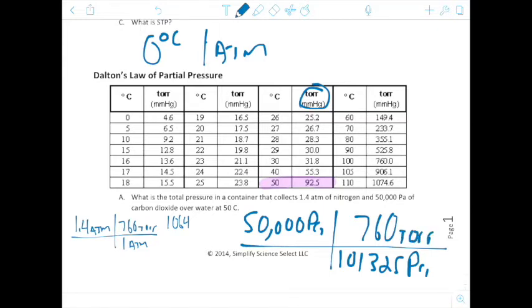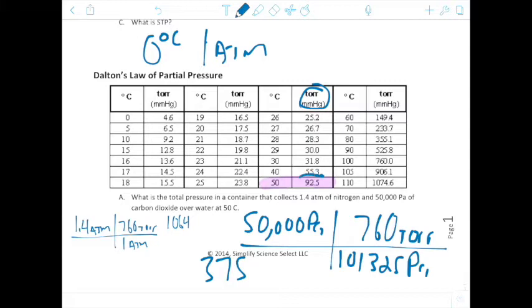And so we get that we have an amount of 375 torr.